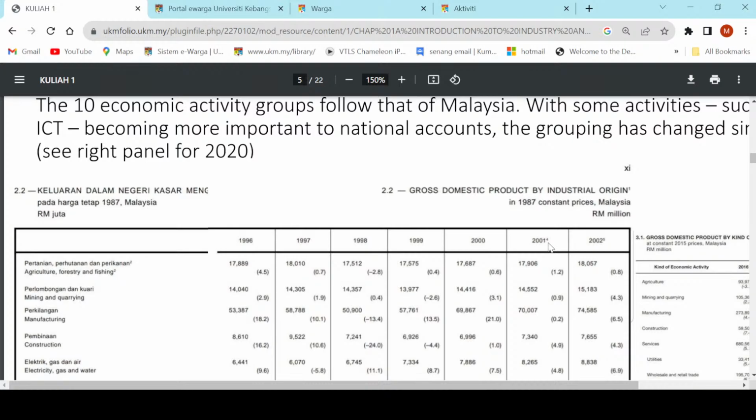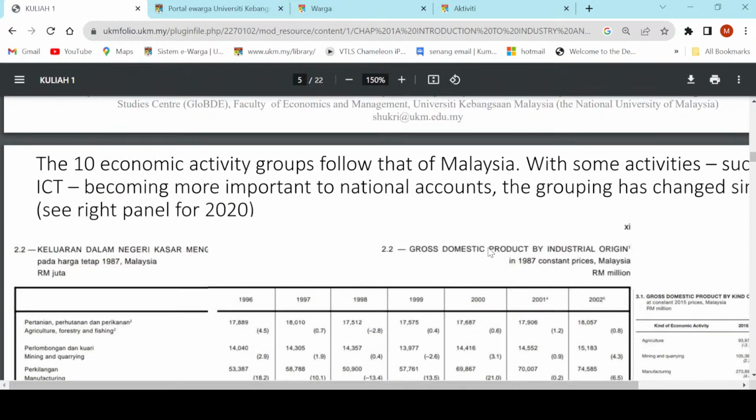The GDP deflator is to take care of inflation. So we want to remove inflation, because when you want to calculate the rate of growth, the rate of growth is simply B minus A per A. 17.5 minus 18.0 divided by 18.0, which is B minus A per A times 100%. So this will give 2.8.